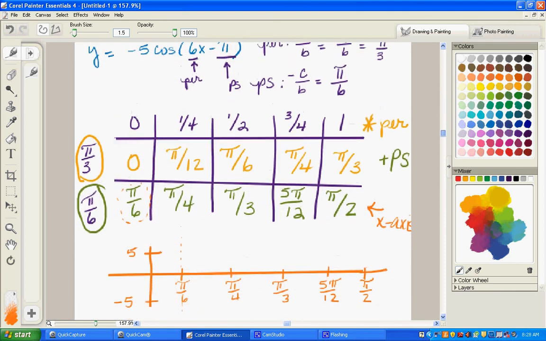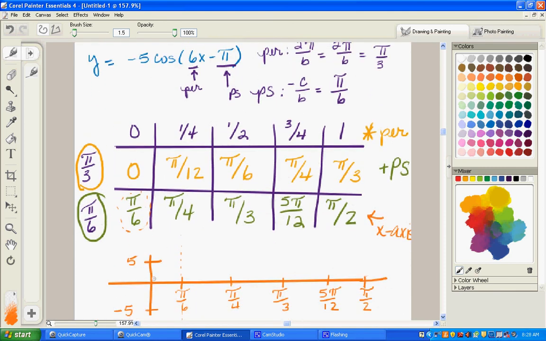Now my first point is going to be at pi over 6, -5, because this is the first key point. I go up to the midline, to the maximum, to the midline, to the minimum. And so my graph looks like this.